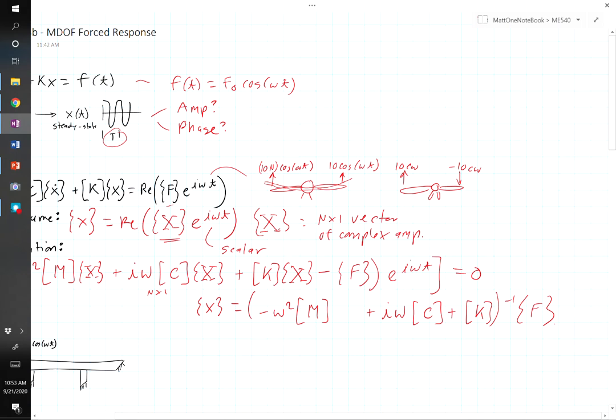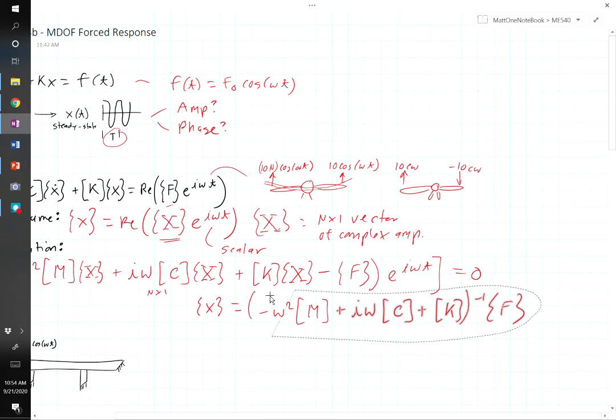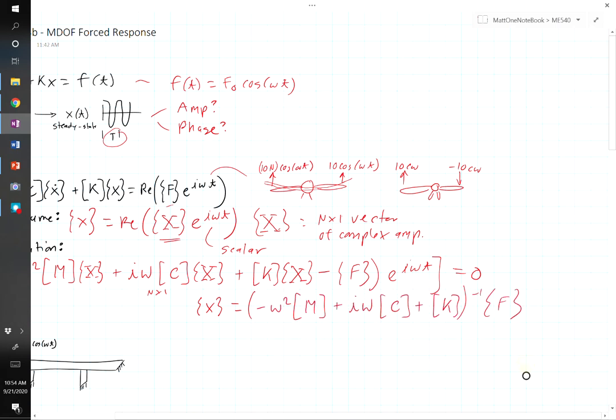So there's a nice simple equation for the complex amplitudes x, right? And to get that, all we had to do was a little bit of linear algebra. We just had to respect the order of multiplication. And so given the complex amplitudes of the force, we can get the complex amplitudes of the response.